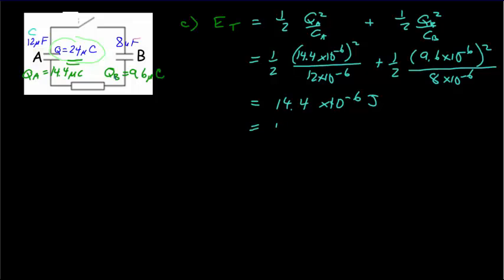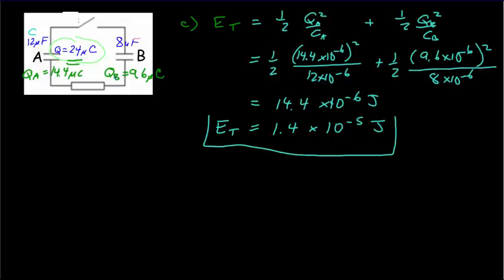Or we'd usually write that as 1.4 to two significant figures times 10 to the minus 5 joules. So that would be the total energy stored on the two capacitors.